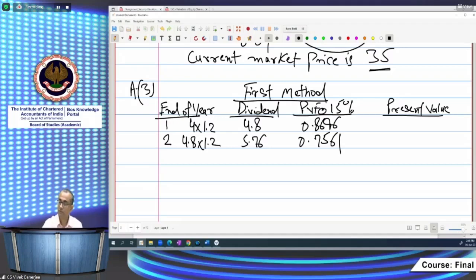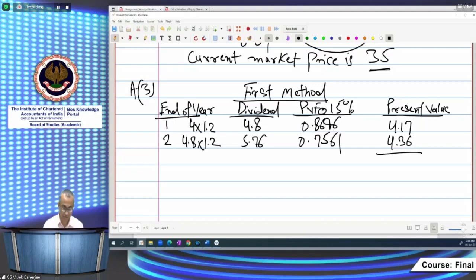It is coming to 4.17, and the other is coming to 4.36.